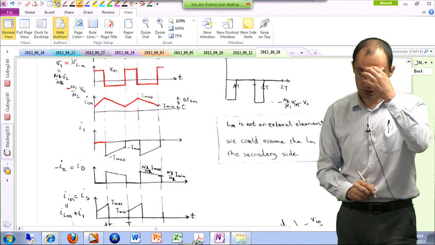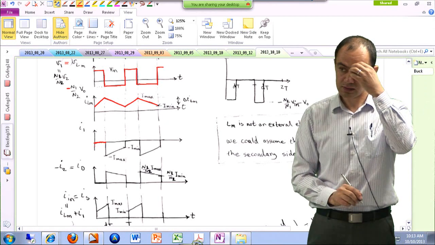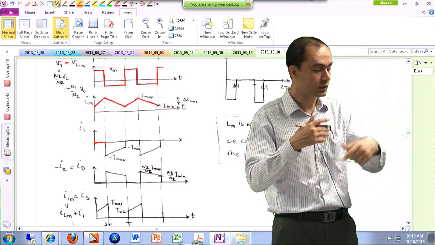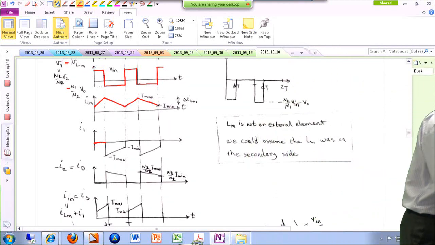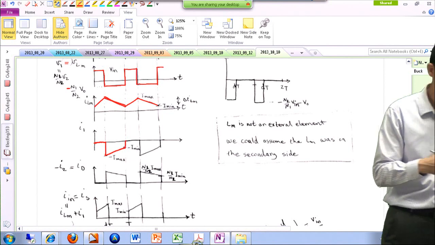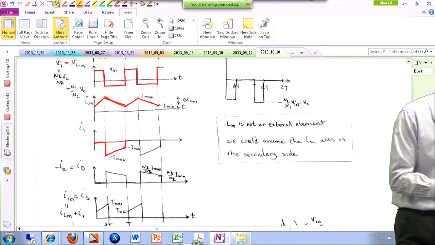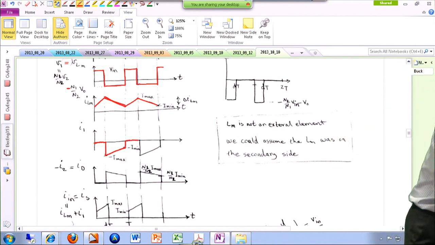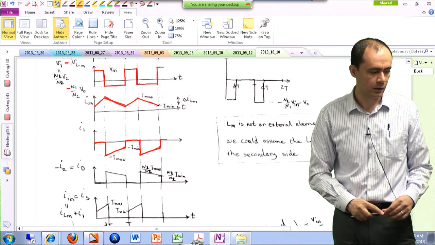In the second mode, I1 was the same as the magnetizing inductor current, only in the opposite direction. So whatever I have up here, I have to just draw it over here with a negative polarity. So this starts from negative Imax, then goes up to negative Imin. All right, something like this.